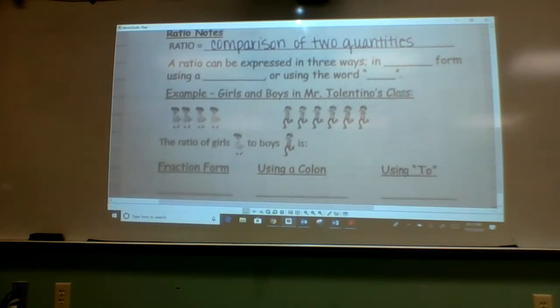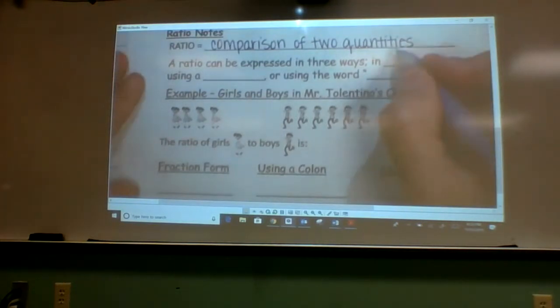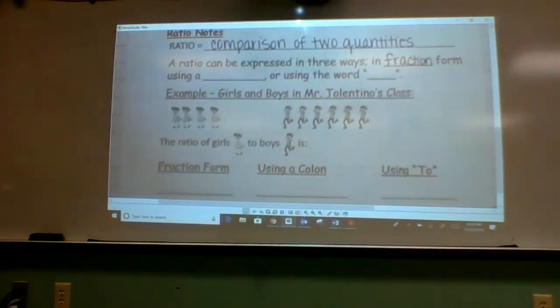It can be anything. A ratio can be expressed in three ways. We saw on the video that it used a colon, the two little dots. The most common that we're going to use is fraction form. Now, ratios can be written in fraction form, but not all ratios are fractions.